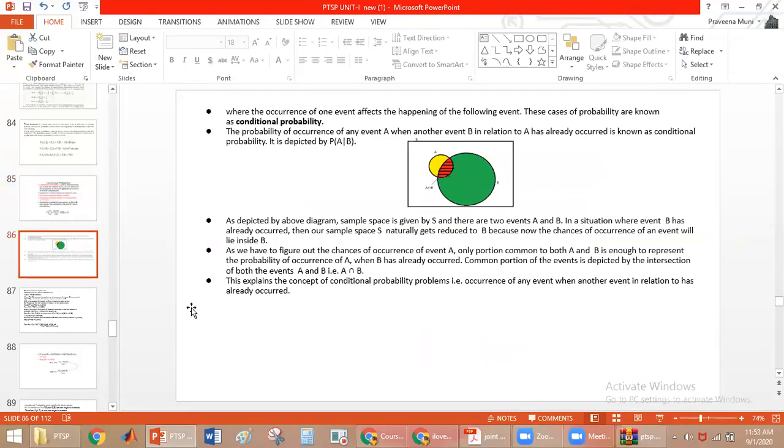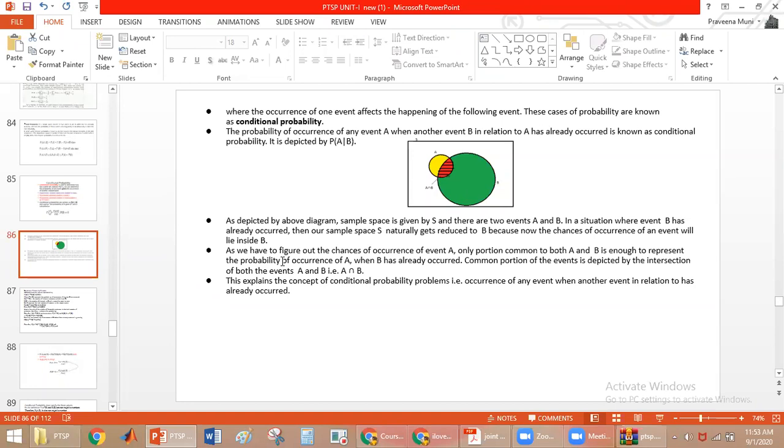Here the occurrence of one event affects the happening of the following event. So these cases of probability are known as conditional probability.